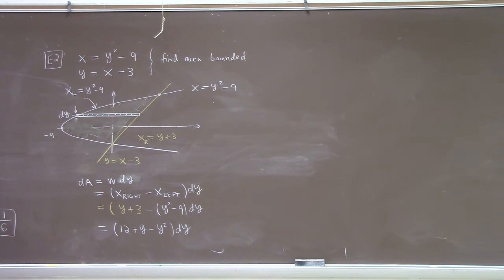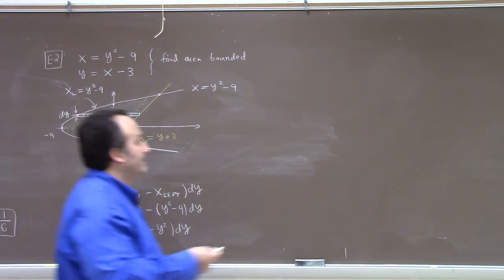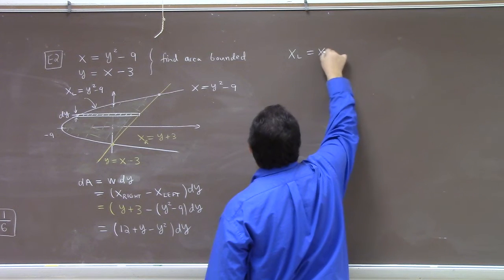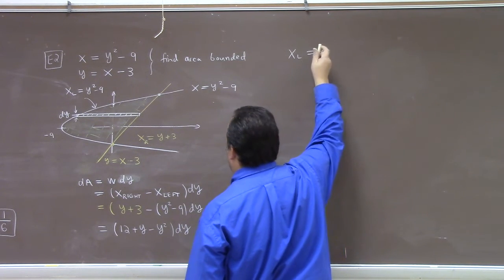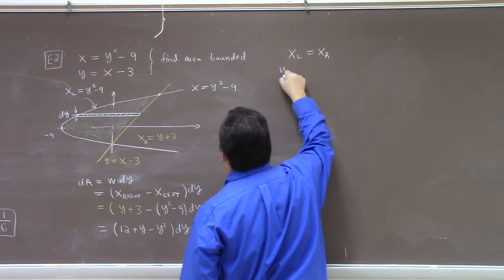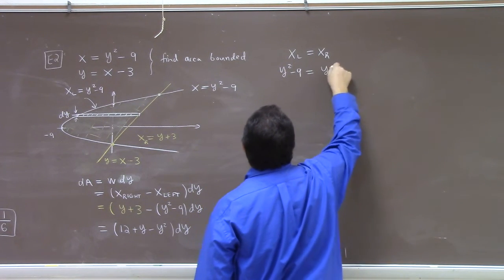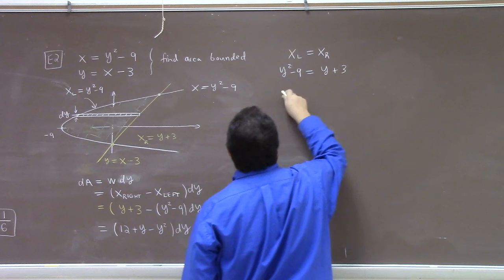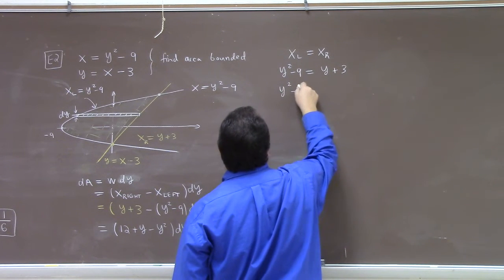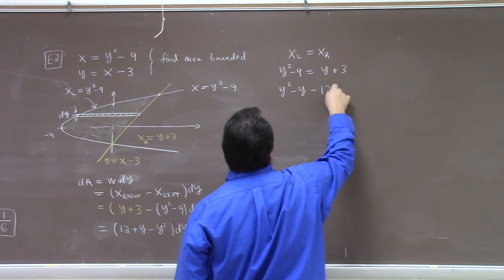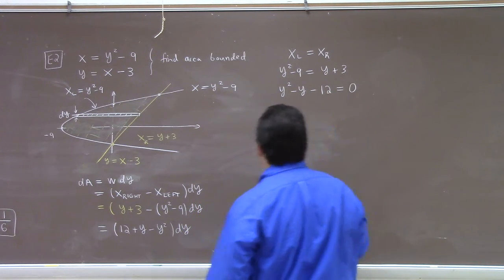So you can look for x_l equal to x_r, so to speak. So in this case, that's y squared minus 9 equal to y plus 3. And so that's y squared minus y minus 12, I believe, equal to 0.